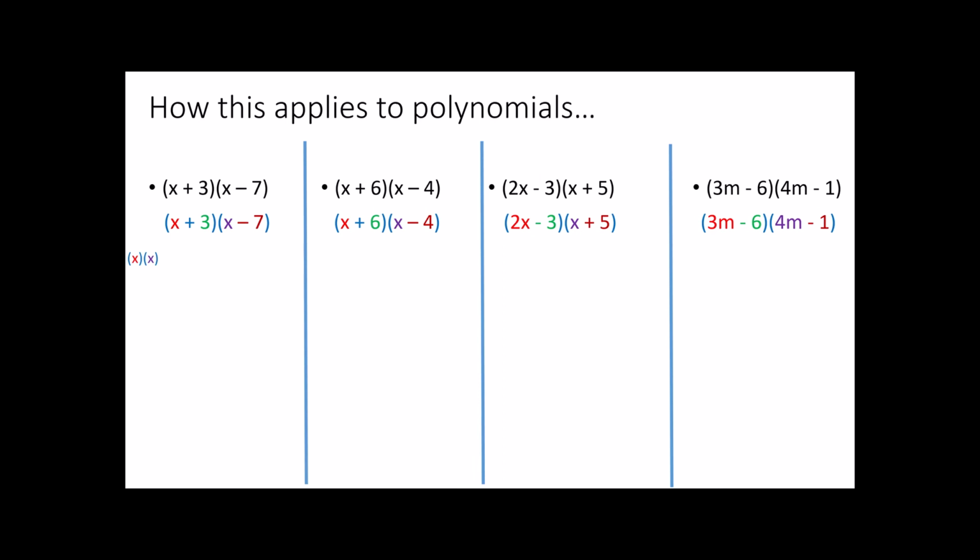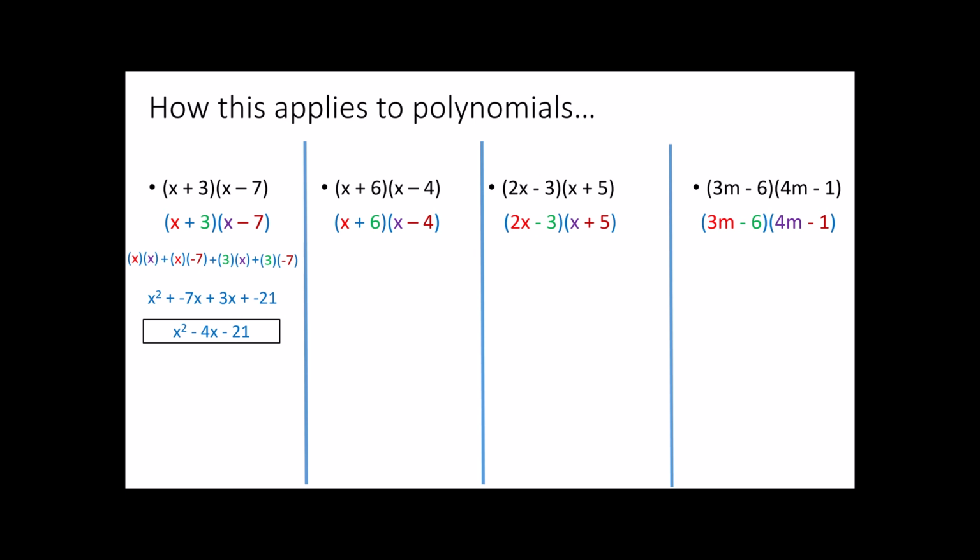Notice the first example, you're taking the first items, x times x, plus x times the negative 7, plus 3 times the x, plus 3 times the negative 7. And when you simplify that, it's x squared minus 7x plus 3x plus negative 21, which then is x squared minus 4x minus 21.